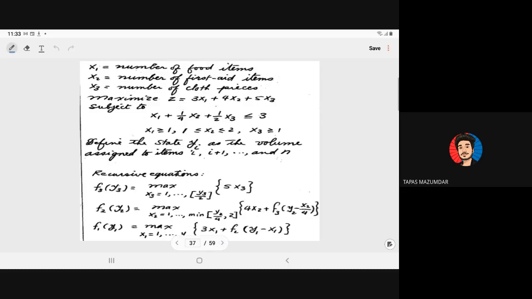So in this case, let's define the decision variables x1, x2, x3: number of food items, number of first aid kits, and x3 as the number of cloth pieces. From the question, because you want to maximize the valuability, maximize z is equal to 3x1 plus 4x2 plus 5x3.